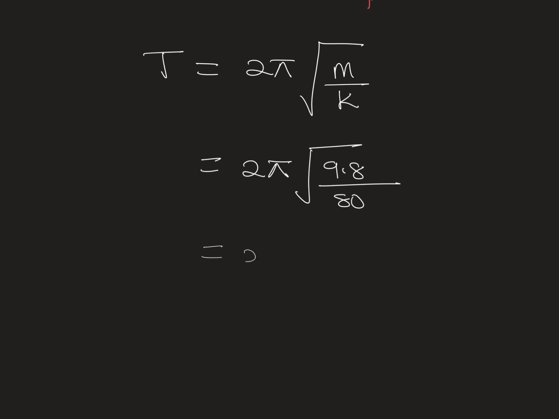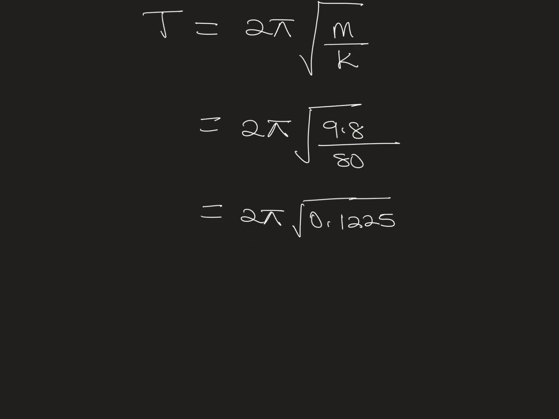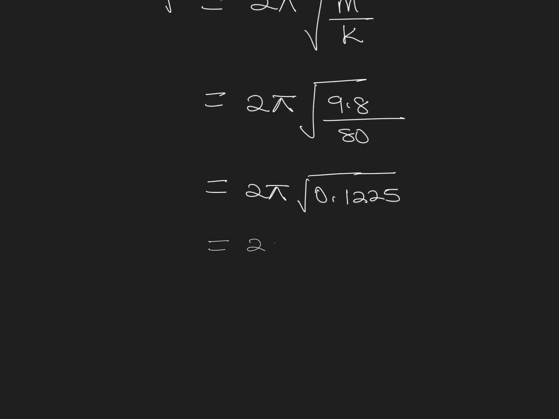So that's going to be 2 pi, the square root of 9.8 divided by 80, which is 0.1225. So that will be 2 pi multiplied by the square root of 0.1225, which is 0.35.